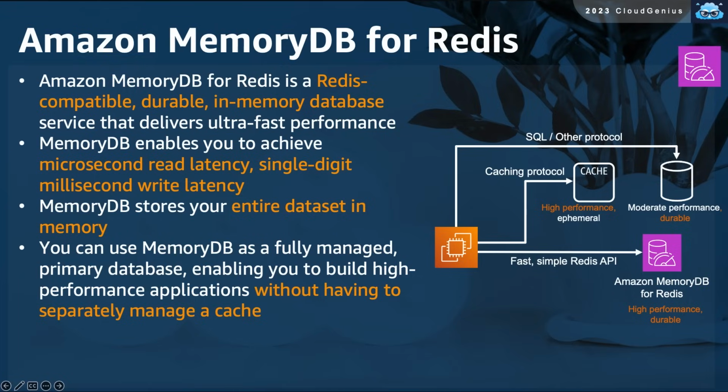One of the key benefits of AWS Memory DB for Redis is its ability to serve as an integrated cache within your applications. Caching is a common technique used to improve performance by storing frequently accessed data in memory. With AWS Memory DB for Redis, you can eliminate the need to manage a separate caching layer or infrastructure. By using it as an integrated cache, you can leverage its high-performance capabilities to accelerate data access.